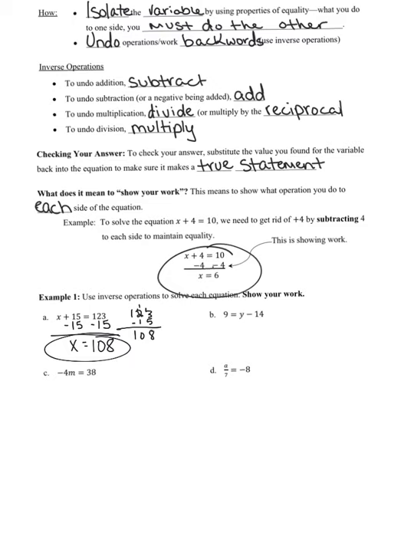Moving on, we have 9 equals y minus 14. Inverse operation of subtraction here, I'm going to add, and I'm going to show that I am adding 14 on both sides of my equal sign.